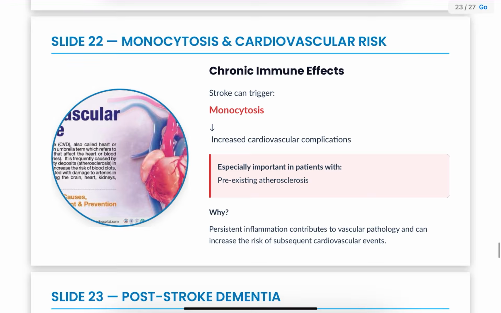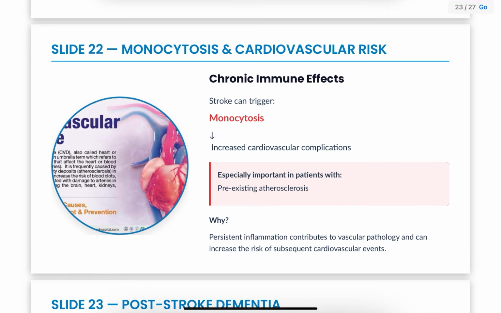Now let's talk about the monocytosis and the cardiovascular risk. Another chronic immune change after the stroke is monocytosis, which means what? An increase in the circulating monocytes. And this matters. Why? Because monocytes are important inflammatory cells and they are associated with vascular inflammation.